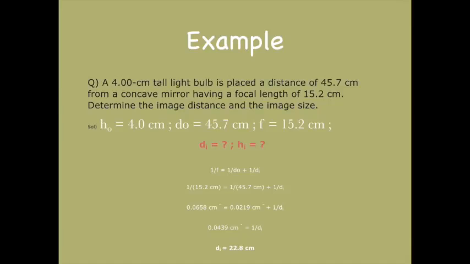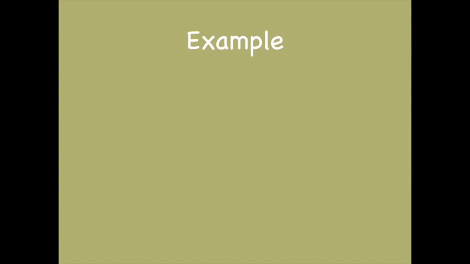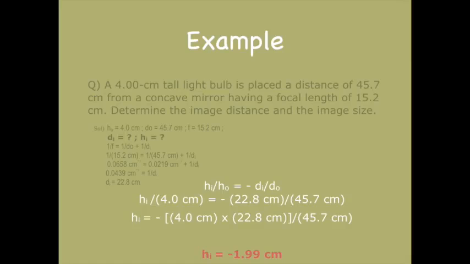So my value of d will be 22.8 centimeters. Now my job is to find out the height of the image. So by using the following formula, I get the value of h i, which is 1.99 centimeters.